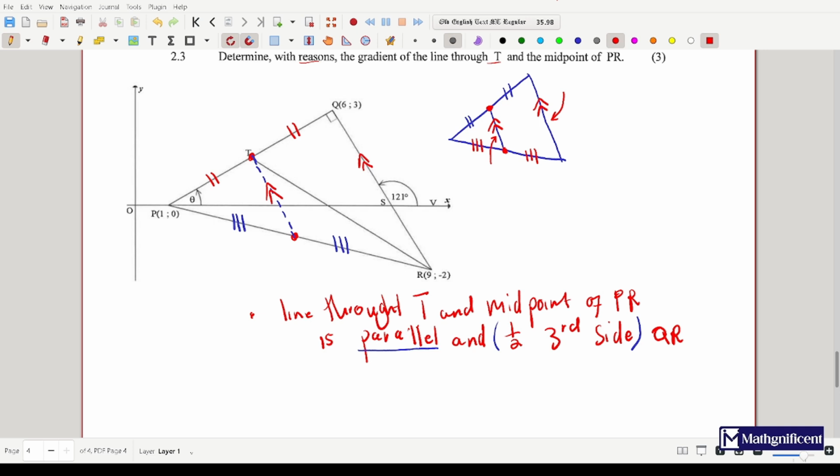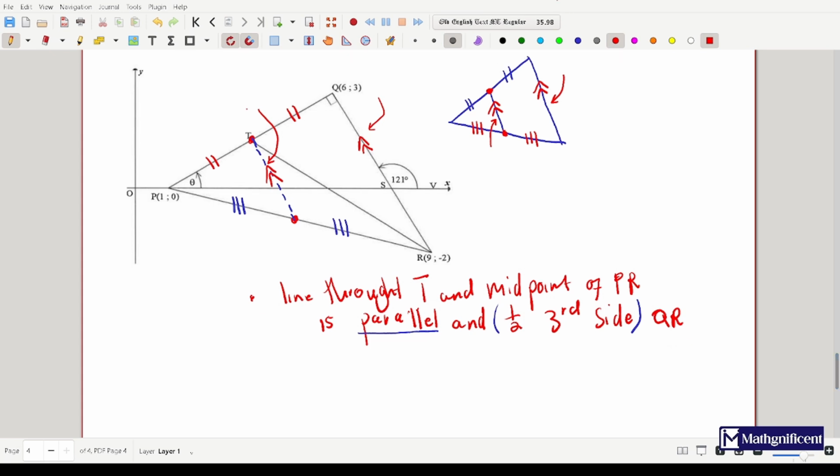When we're saying that this line here is parallel to this line here, it means that their gradients are the same, or equal. So if we can get the gradient of QR, therefore we can say the gradient of this line segment joining the two midpoints is equal to the gradient of QR, right?